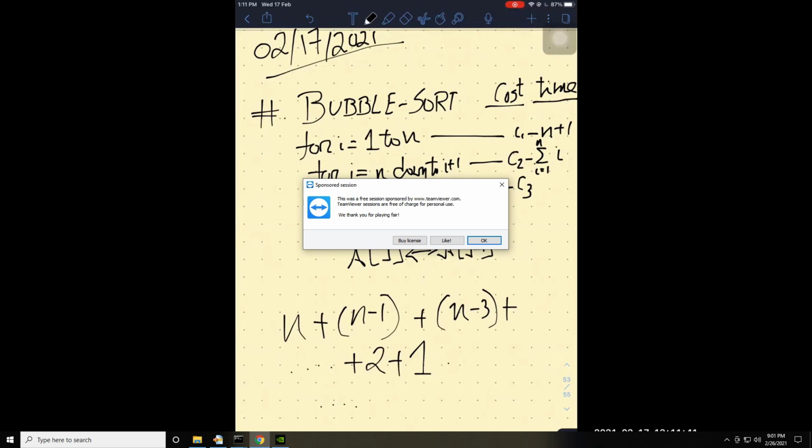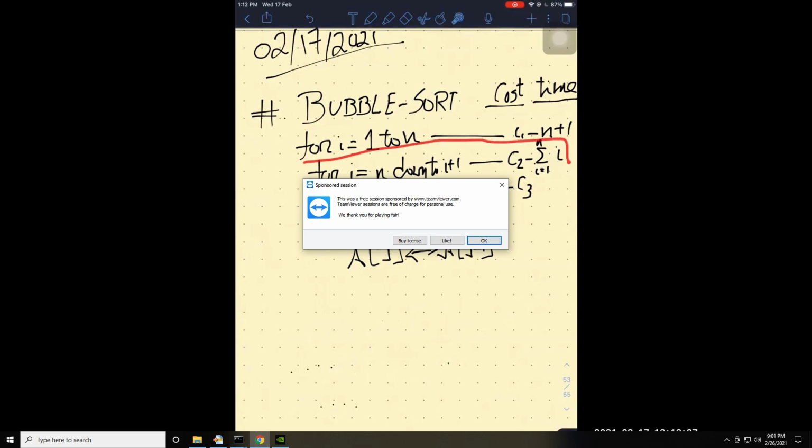So that's why we get this series as the number of times this inner for loop will run. Is it clear? As i increases, the number of times this inner for loop runs will decrease. So is it clear why we have this summation for the runtime of this inner for loop?